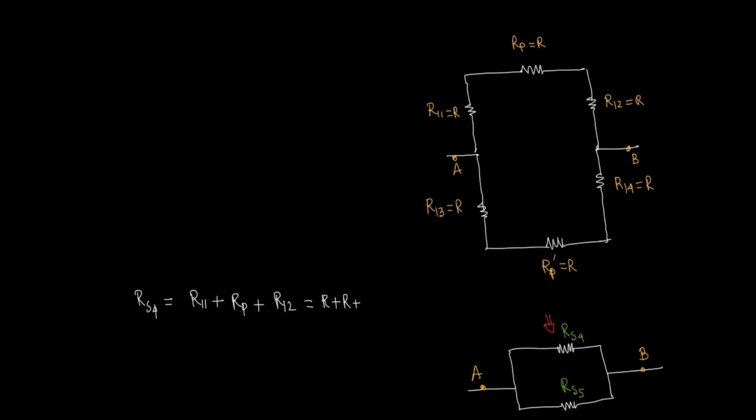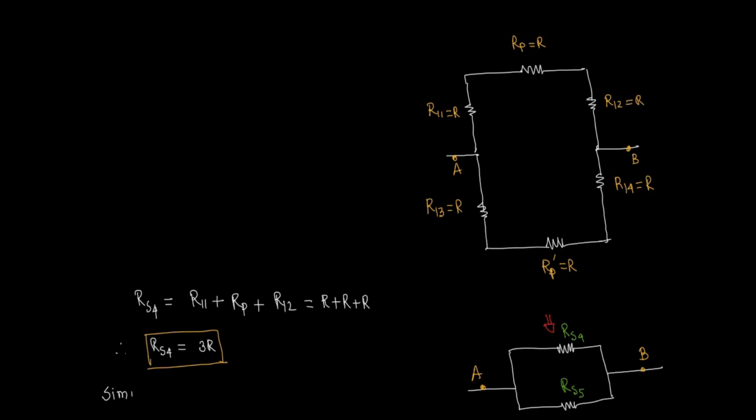That is, RS4 is equal to R11 plus Rp plus R12. Therefore, RS4 is equal to 3R, which is the equivalent resistance of the three resistors R11, Rp, and R12.